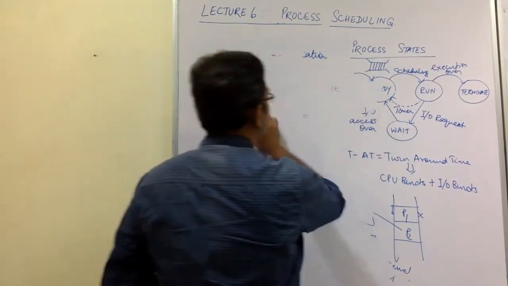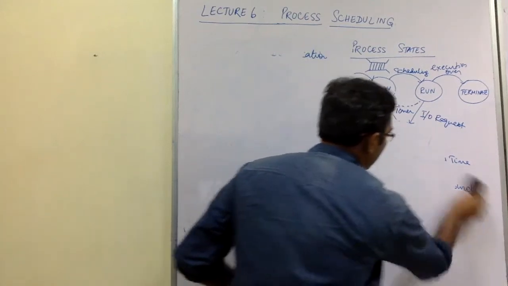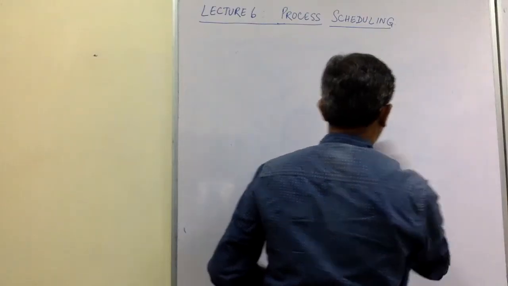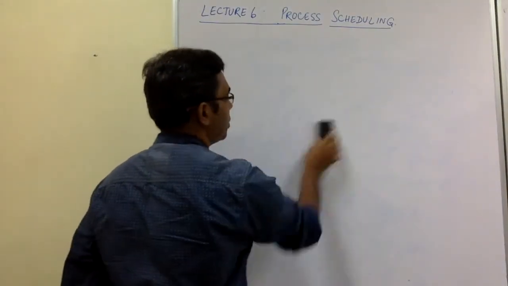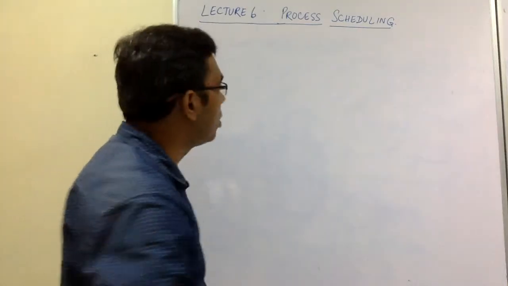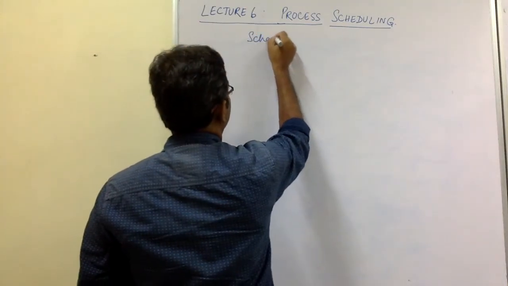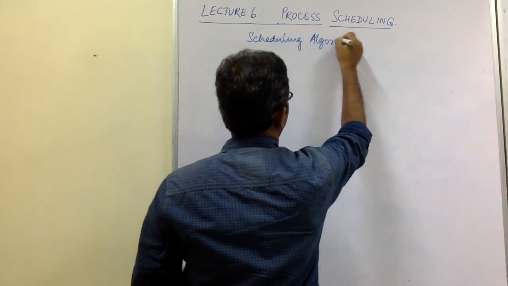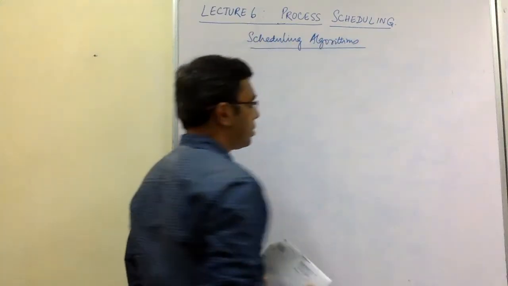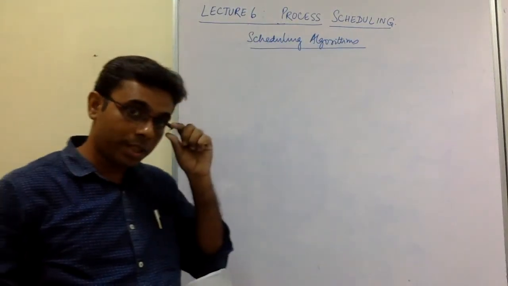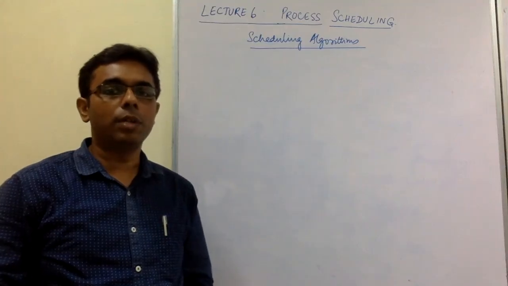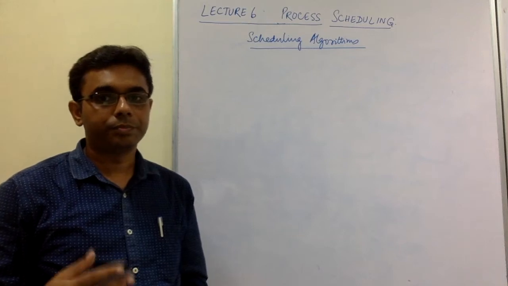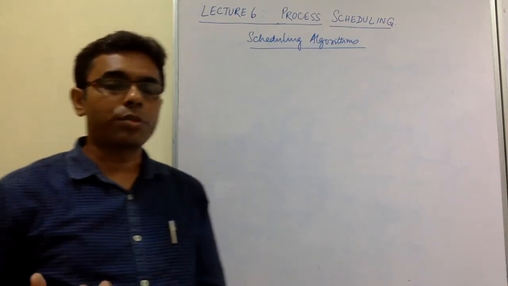Now let's talk about the different algorithms which the scheduler utilizes in order to decide which process would be allowed to execute on the CPU next. But before we talk about these algorithms, there are a few parameters that need to be discussed, because all the algorithms we are going to talk about have their own pros and cons.